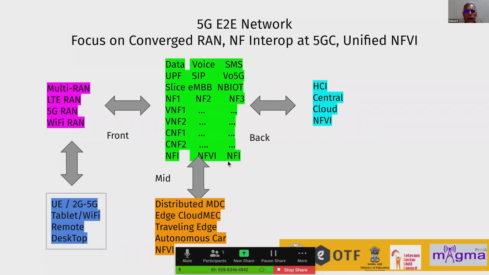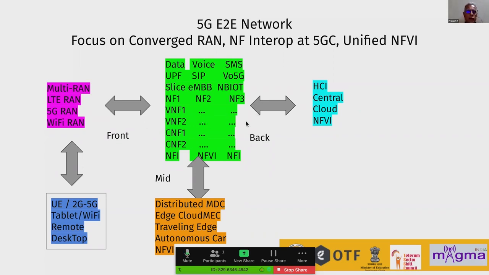That's the objective, and that is a unified NFVI. Obviously, there is the central cloud at the data network behind the core, which could also be a distant cloud. So where the service is offered from depends on how the policies are affected, and the end-to-end service is offered to the consumer by the provider.